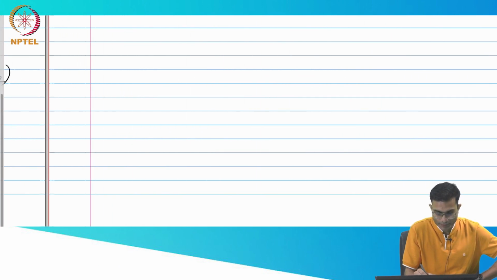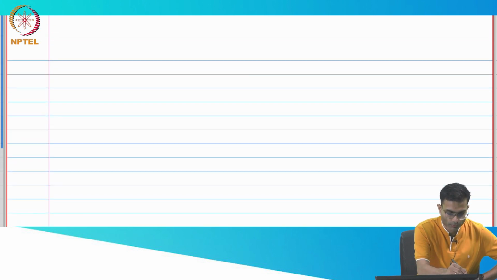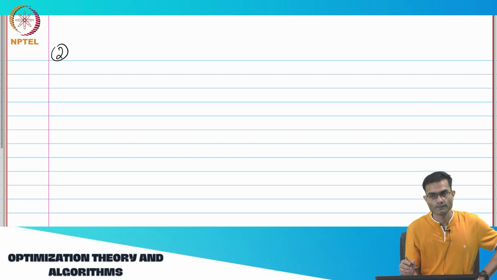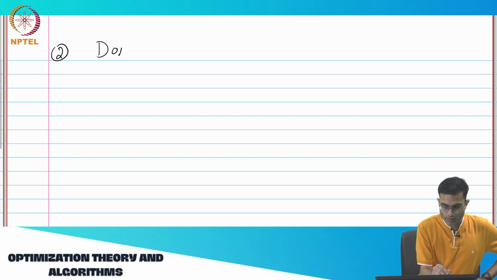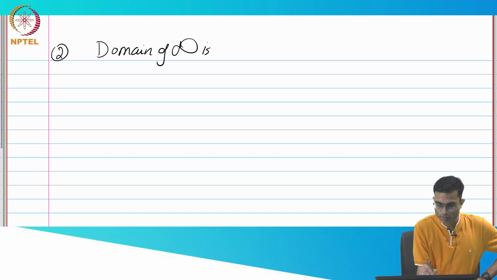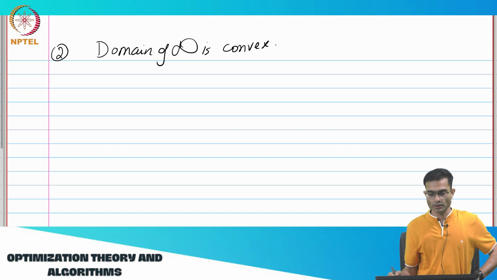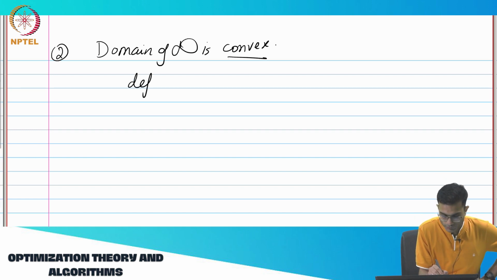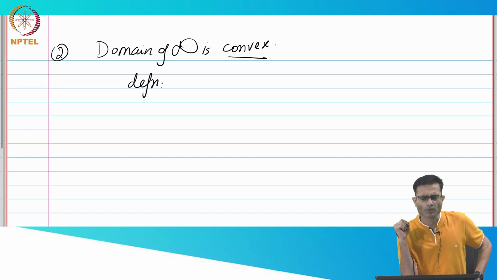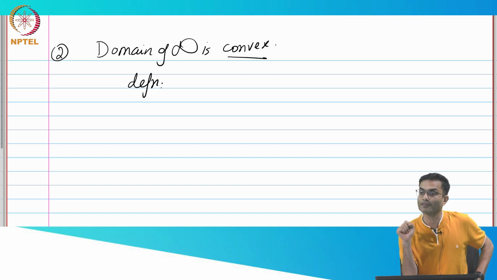What is the next thing that we have to prove? What is the second thing? The domain of D is convex. So again, let's go back to the definition. This is convexity not of a function, but of a set.